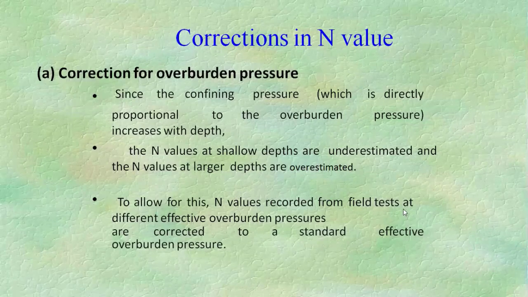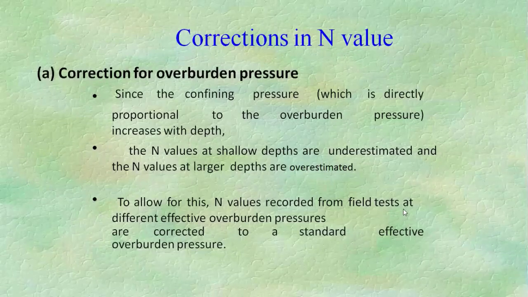So, correction for overburden. From Gibbs and Holtz's investigation, it is proven that the penetration resistance, or the value of N, depends on the overburden pressure. If there are two granular soils with the same relative density, a higher N value will be shown by the soil with the higher confining pressure. With increasing depth of the soil, the confining pressure also increases.